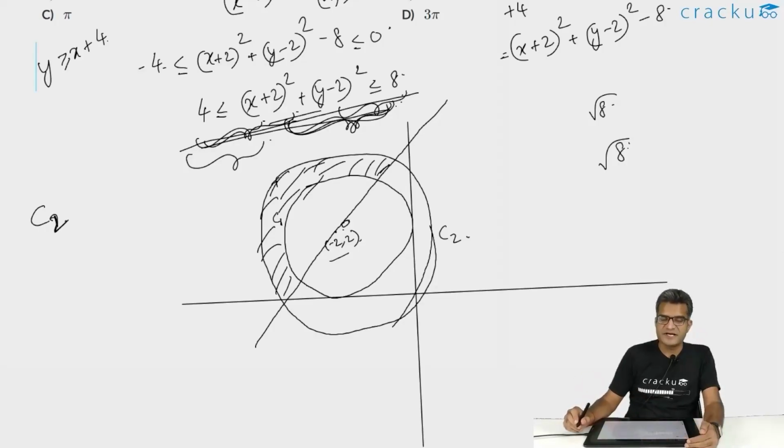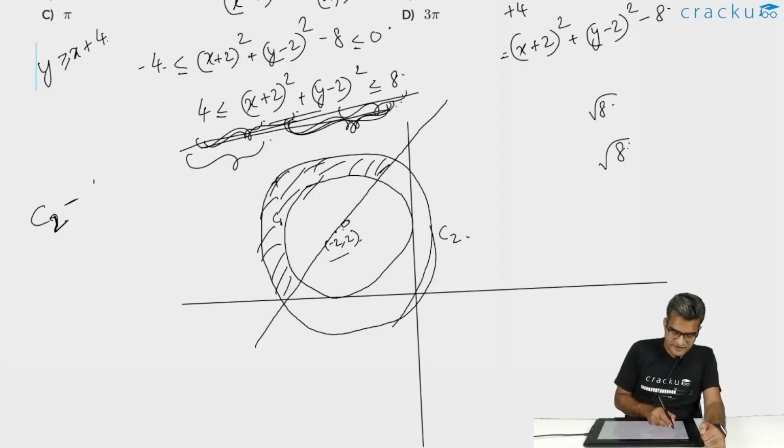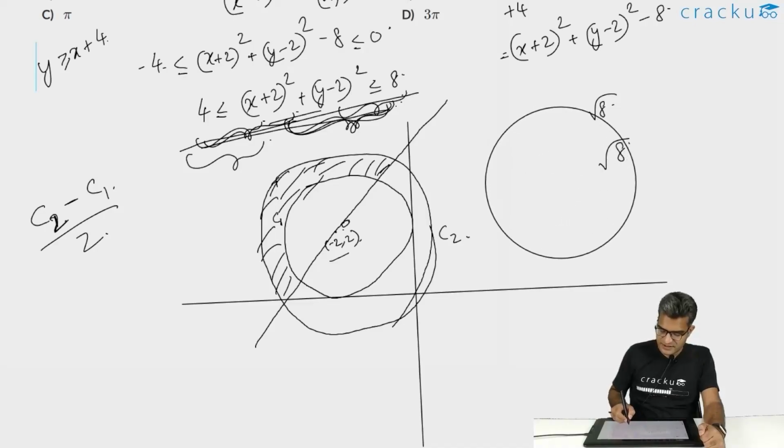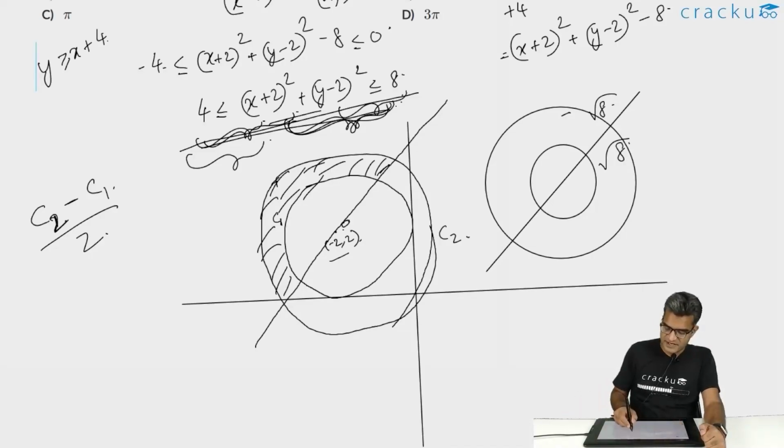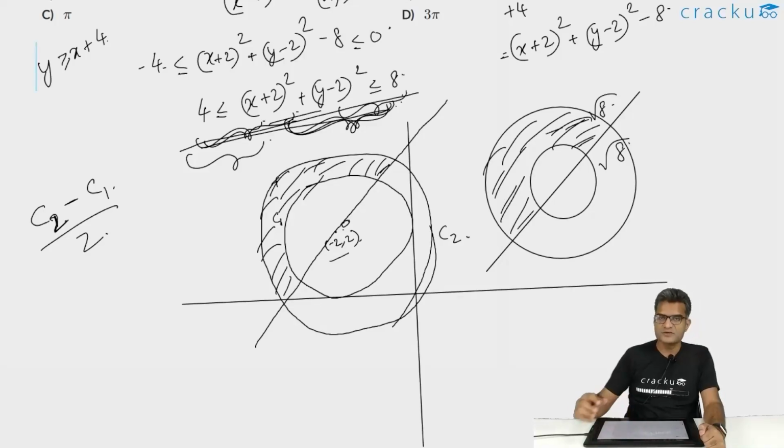From that, subtract the area of the inner circle, and then divide it by 2. Because at the end of the day, we have two concentric circles, this is one circle, this is another circle, and we have a diameter which is passing through them. We are essentially asked to calculate this area, which will be half of the overall area which is outside the smaller circle and inside the larger circle.